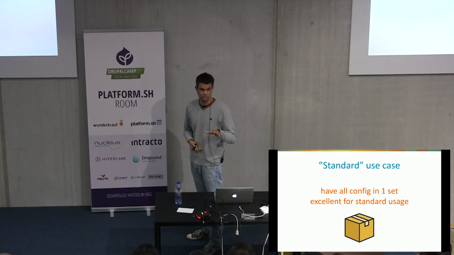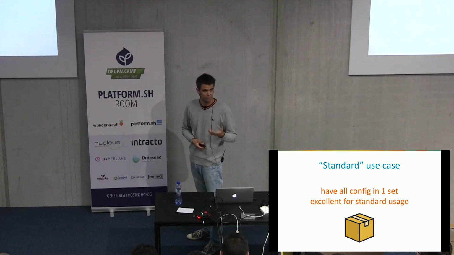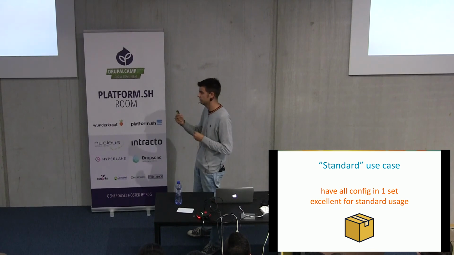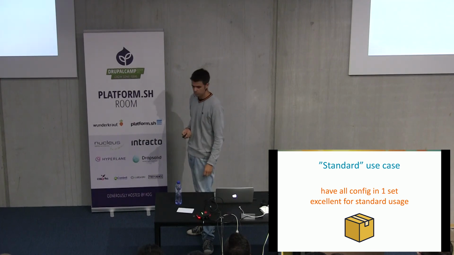It's excellent for standard usage. This is really the way to go if you don't want any issues, but as soon as you get more advanced workflows, like when you're working with more developers together, or if you want to have certain modules enabled on your local machine and not on production, there are ways to do that too. So this use case will get you very far for simple websites.